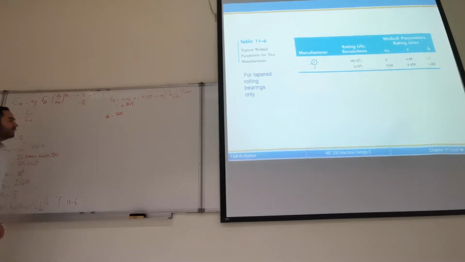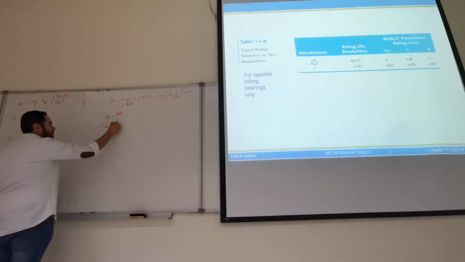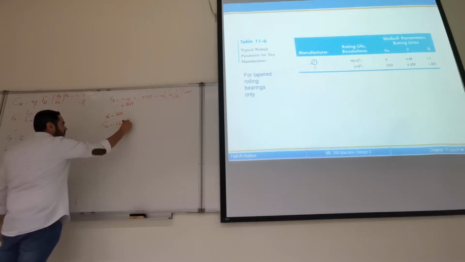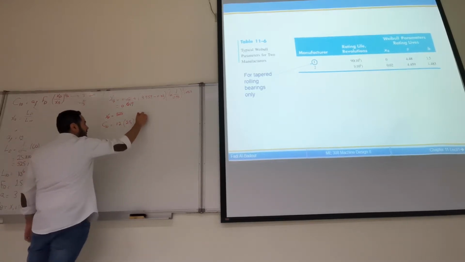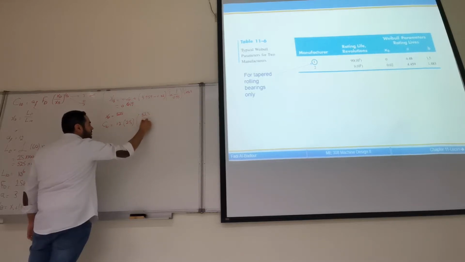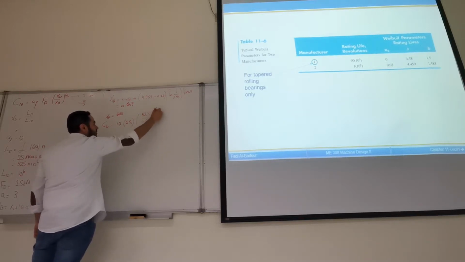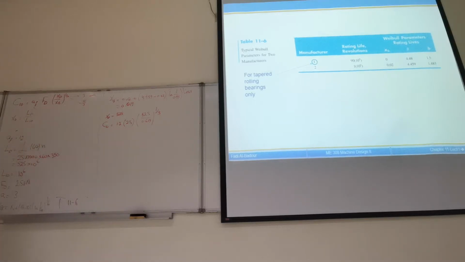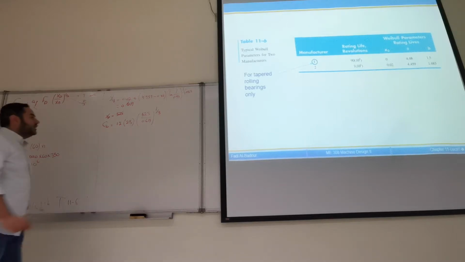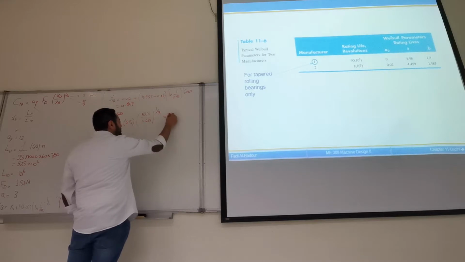Okay, can you now calculate C10? 1.2 times 2.5 times 525 over 0.619 to the power 1 over 3. 28.4. 28.4 what?